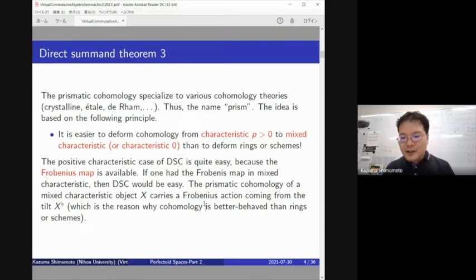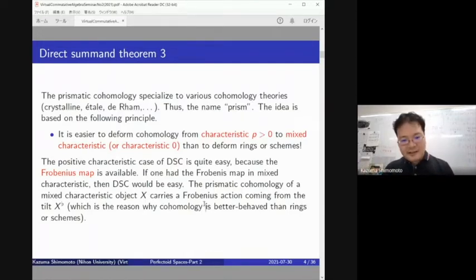Usually we start with rings or schemes, then we have a Frobenius action, then we look at the Frobenius action on the local cohomology, for example. Then we define the Frobenius action, which comes from the ring. Somehow the prismatic cohomology ignores the underlying space, but instead we have cohomology with Frobenius action.